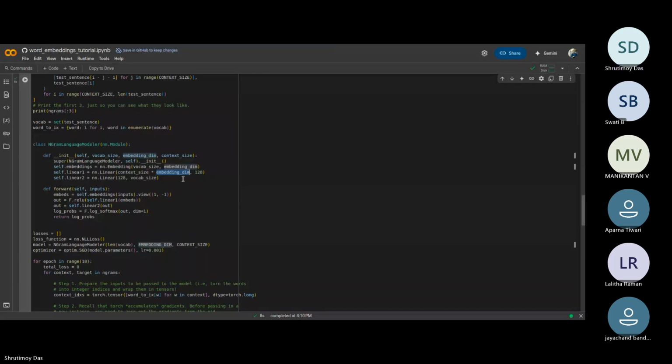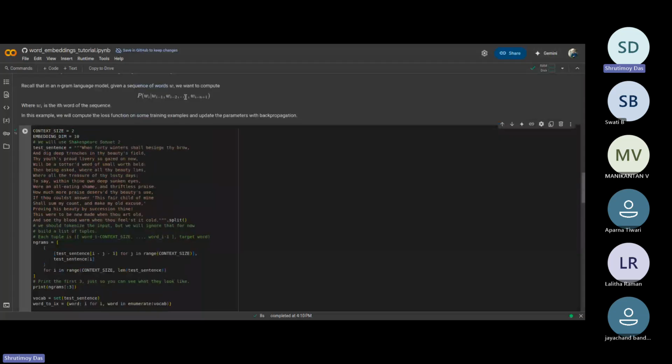Once you pass your vector through linear one, at this point you will have a 128 dimensional vector. Now after this, what was the task? My task was to model this language, right?